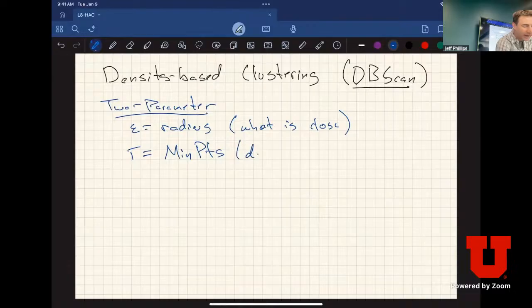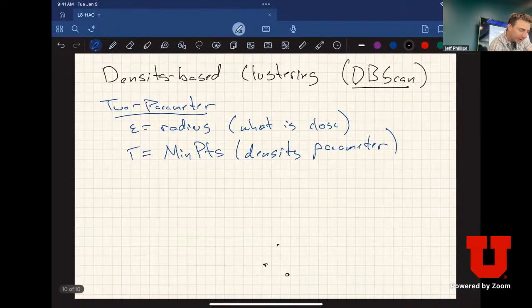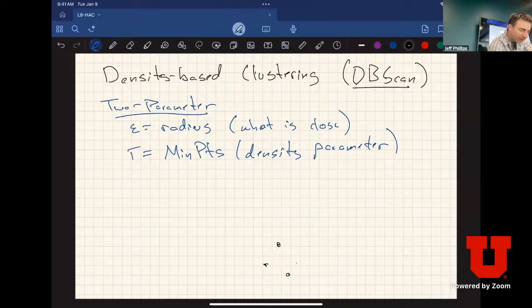This is a density parameter. And then here's a picture of how the algorithm works. I'll be a little bit more deliberate in how I draw my point set this time.